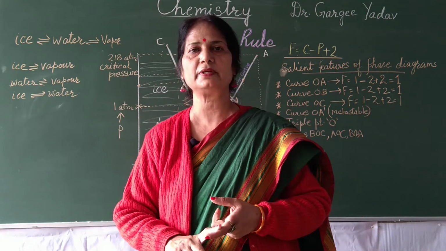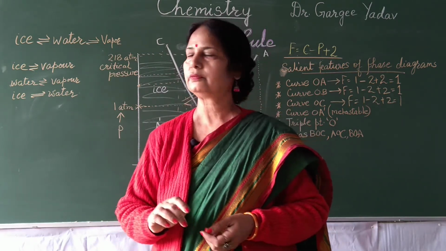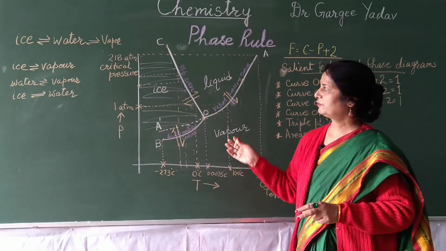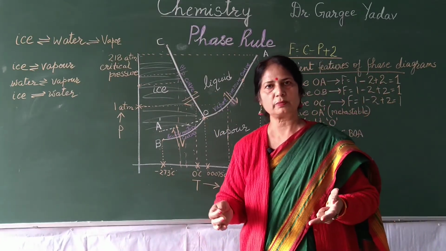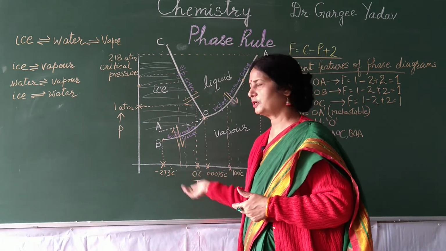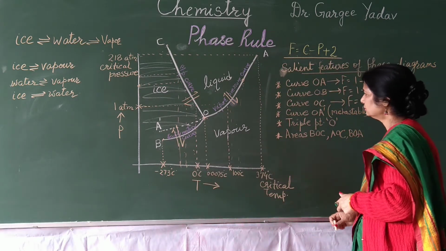That means the system is univariate, or you can say monovariant, along the melting point curve also. This means if we fix the pressure, the temperature is automatically fixed, or on the other side, if the temperature is fixed, then the pressure is automatically fixed.